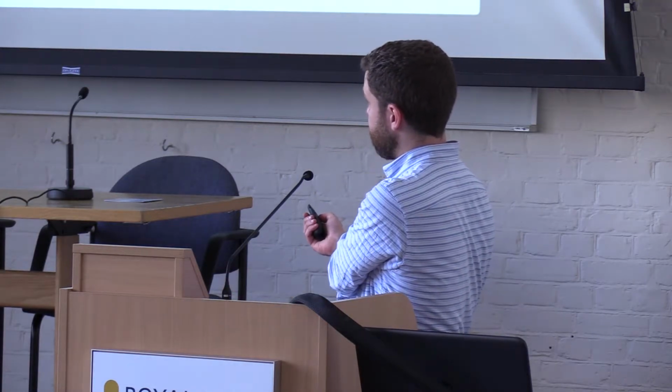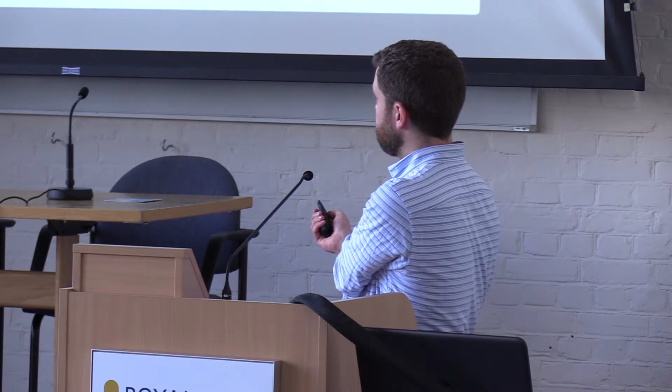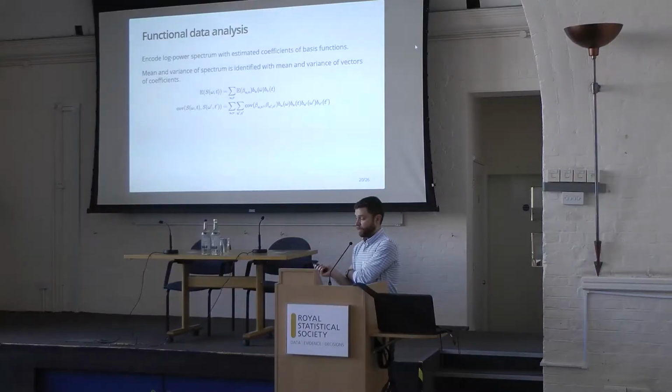So the interesting part of this slide, for me at least, is that later on we're going to be looking at covariance functions that are related to this quantity. And these quantities are notoriously difficult to deal with and to estimate, partly because this thing, if you encode it in your computer, looks like a four-dimensional array.